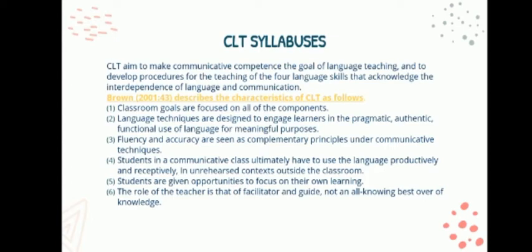Number 3. Fluency and accuracy are seen as complementary principles underlying communicative techniques. Number 4. Students in a communicative class ultimately have to use the language productively and receptively in unrehearsed contexts outside the classroom. Number 5. Students are given opportunities to focus on their own learning. Number 6. The role of the teacher is that of a facilitator and guide, not an all-knowing bestower of knowledge.